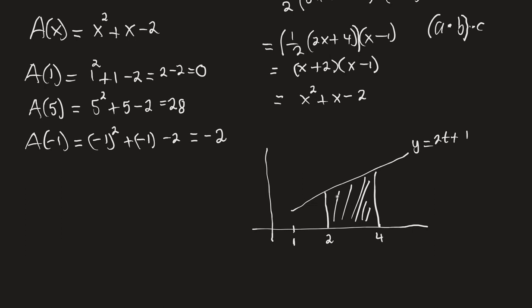Well, in order to find this white area, this area that I have shaded in white, find the area under the trapezoid from t equals 1 to t equals 4. Let me write that down. Find A of 4, that's the red one, and then subtract from that the piece that I'm trying to eliminate, this part.